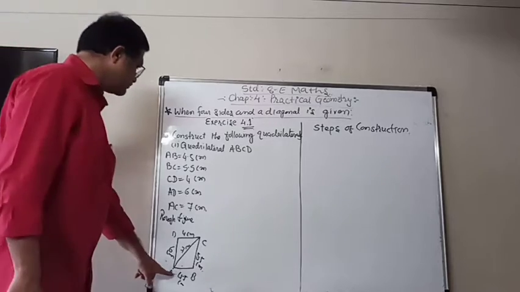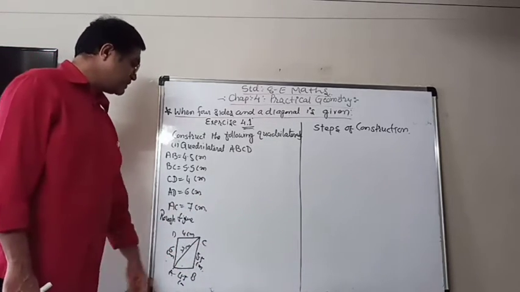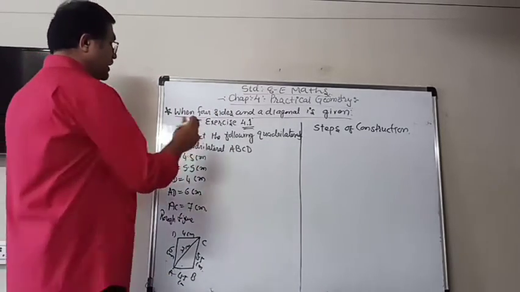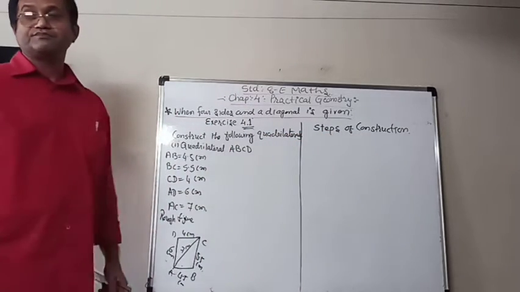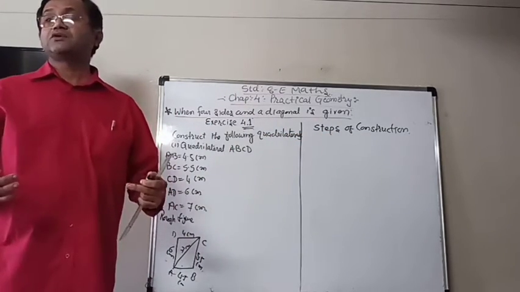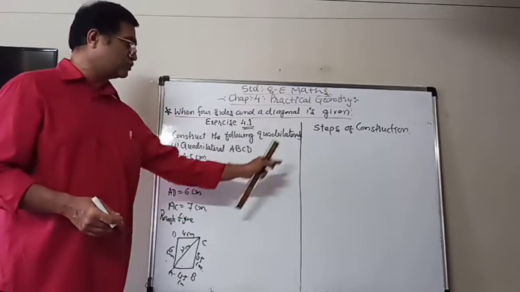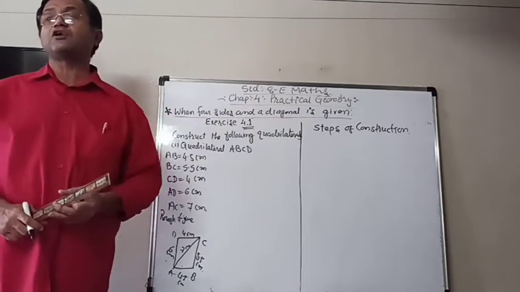Generally we start from the base. So first AB is the base having 4.5 centimeter, and whatever you construct, whatever arc you draw, you have to show the steps also, the same steps should be written along with it, one by one.